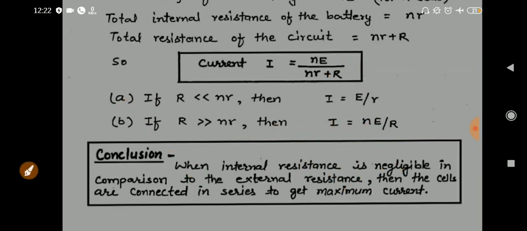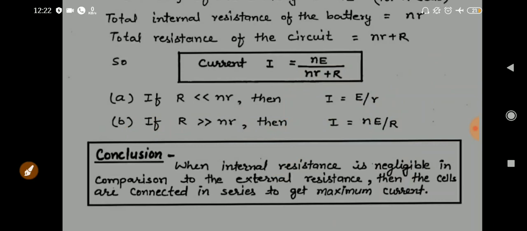In the second case, if external resistance is very much greater than internal resistance of the battery, then we can neglect Nr and we get I is equal to NE by capital R.